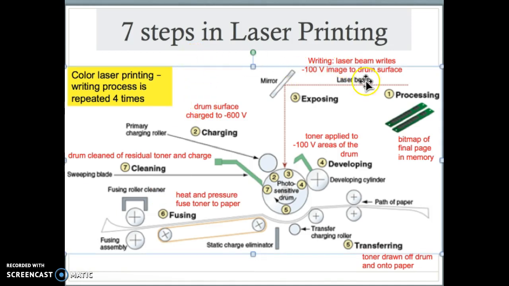Usually these would come up one by one, but I have each step coming up one by one, and they get put through here, and how the heat and the pressure of the fuser and toner work. If it's a color laser printer, then it would repeat this process 4 times. But your book does go through this process very well, so I just wanted to bring it to your attention that that is something you need to know.